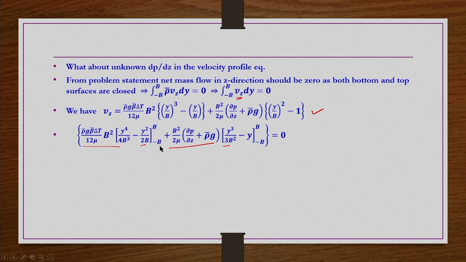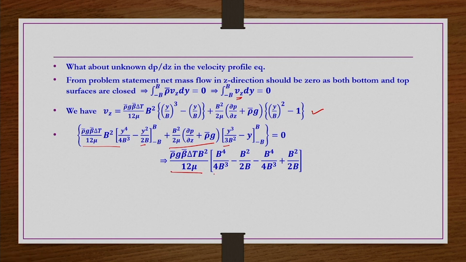Limits minus b to plus b, if you substitute, the first term ρ̄ g β̄ ΔT b square by 12 μ is as it is. Then when you substitute these limits, you get upper limit these two terms, lower limit these two terms. What you can understand is these two terms are the same but with opposite signs. Similarly these two terms are also the same but with opposite sign, so we can cancel them out.